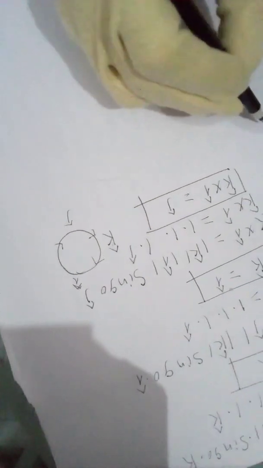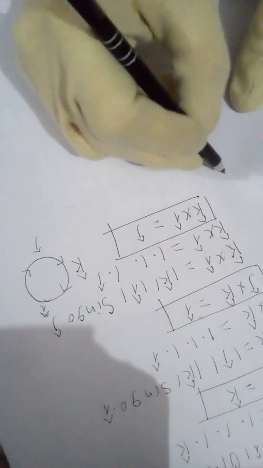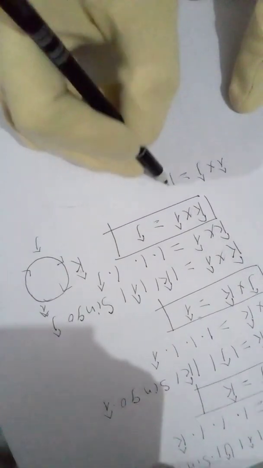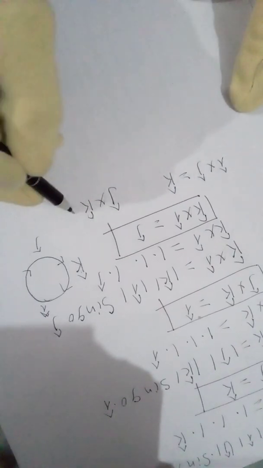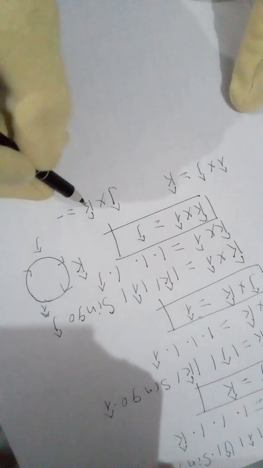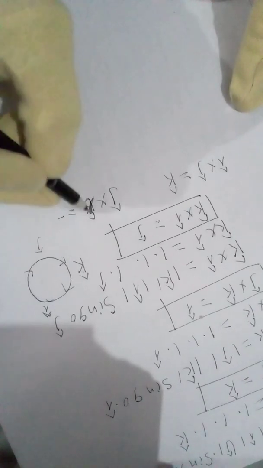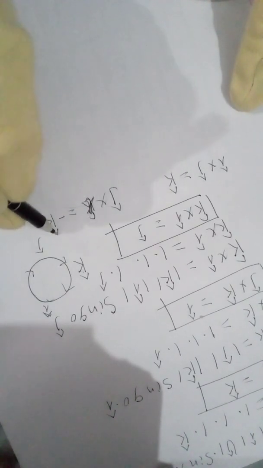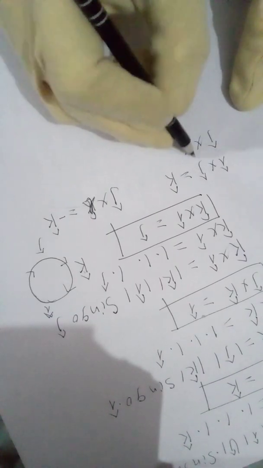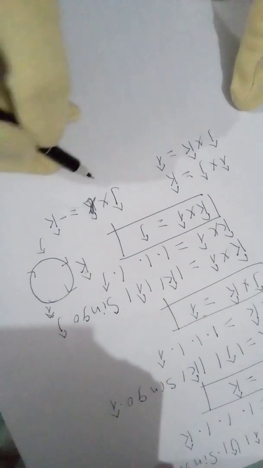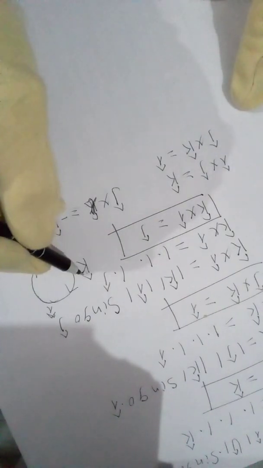But when anti-clockwise, this becomes negative. So i cross j is equal to k, but j cross i is anti-clockwise, so it becomes negative k. j cross k is i, which is clockwise, j to k.